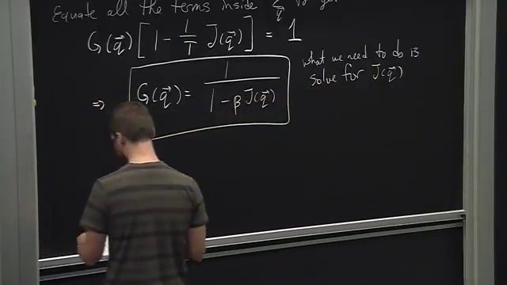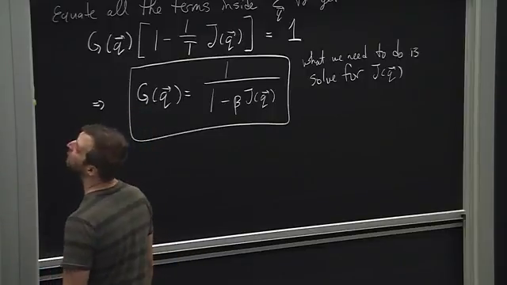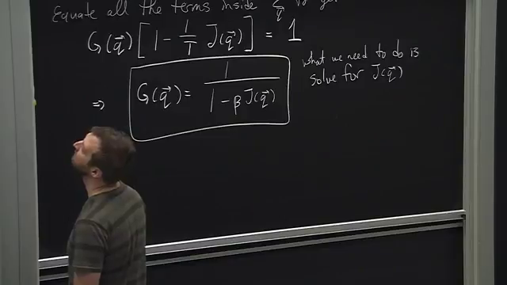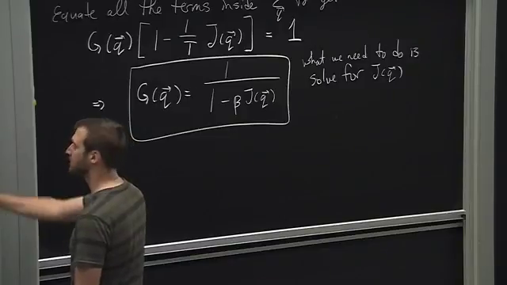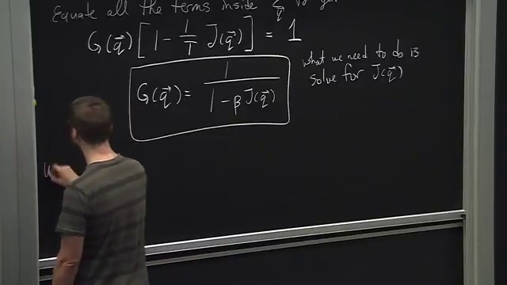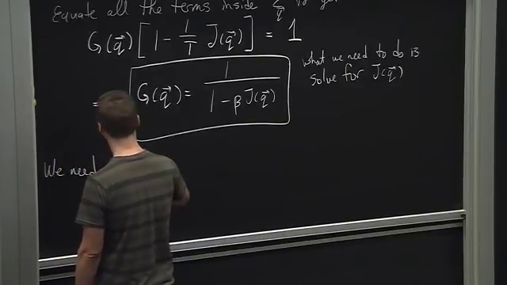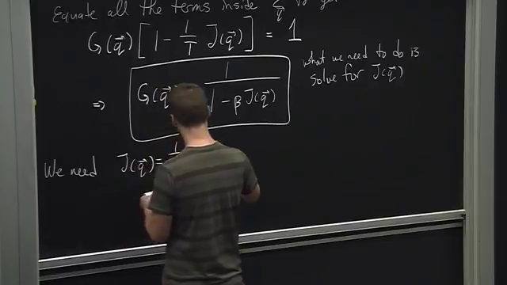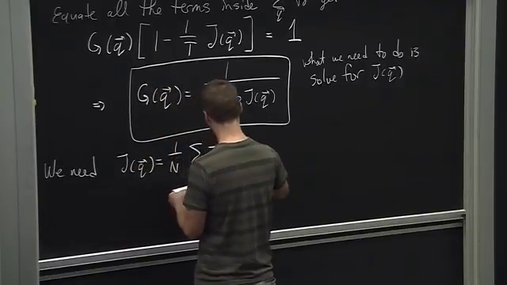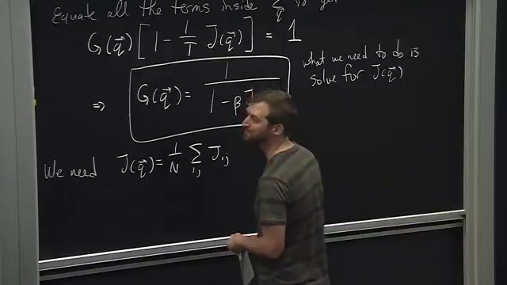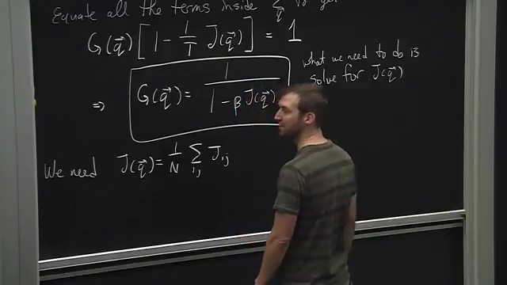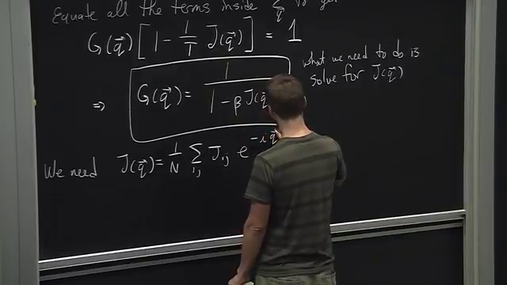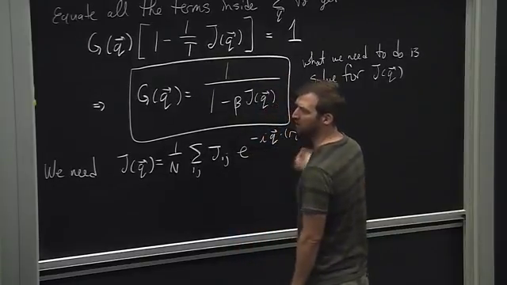So we need, what is this J of Q, where have I defined it? Well, we can define a Fourier inverse. J_ij e to the minus i q dot (Ri minus Rj).